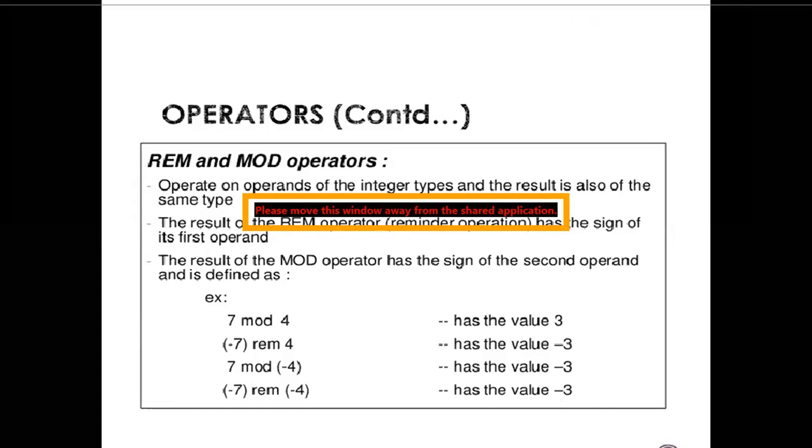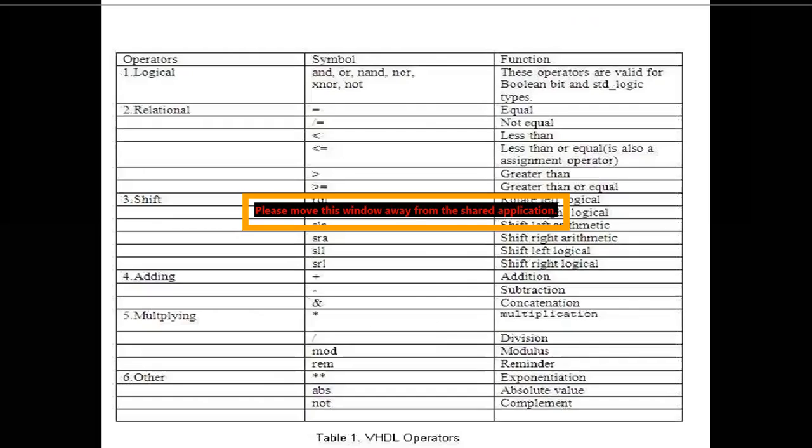I think you understand all operators perfectly. So these are the VHDL operators: logical operators, relational operators, shift operators, and arithmetic operators. In arithmetic, you have addition, subtraction, multiplication, and division. For multiplication, we use a single asterisk, and for division, we use a forward slash. And these are the shift operators.